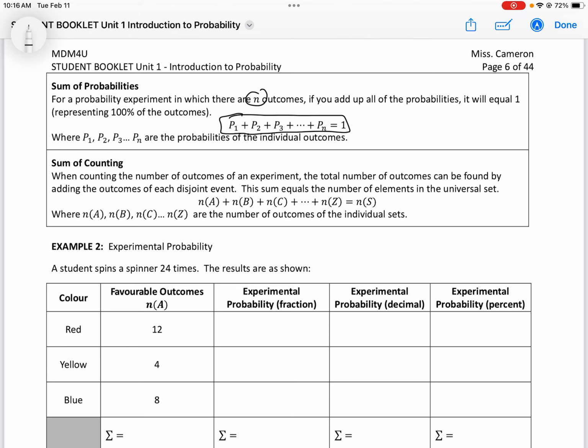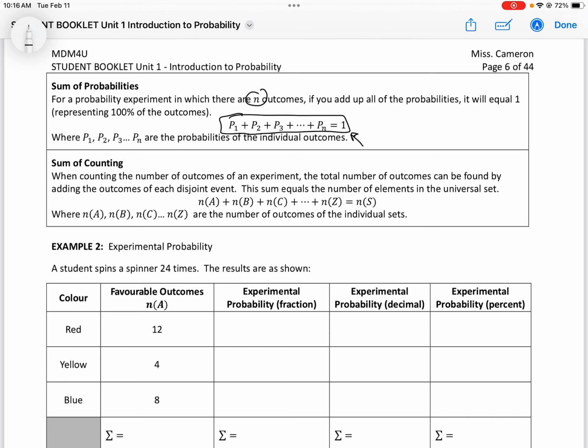That 1 represents 100%. P1 is the probability of the first outcome, P2 is the probability of the second outcome, and so on, all the way to Pn, however many outcomes there are.